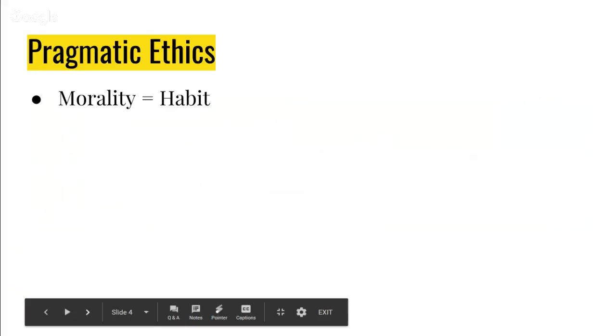It's getting in the habit of doing moral and right things that's going to make it easier to make the same right decision in other situations, right? So if you're in the habit of considering others, then you'll tend to be more moral in considering other people's feelings in future scenarios.